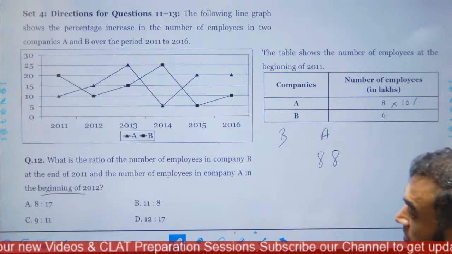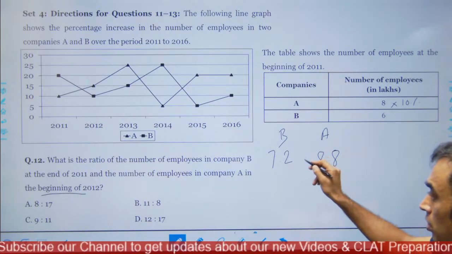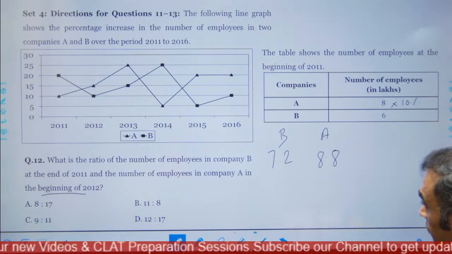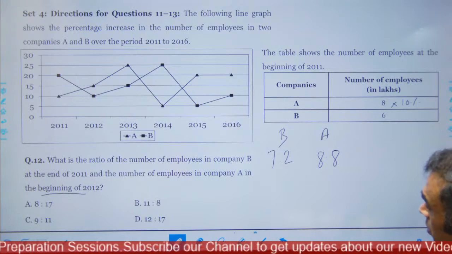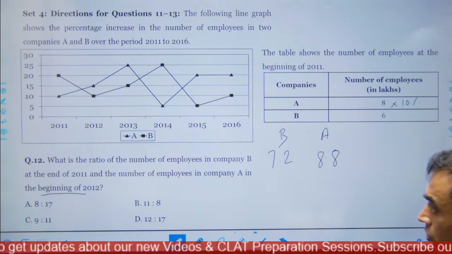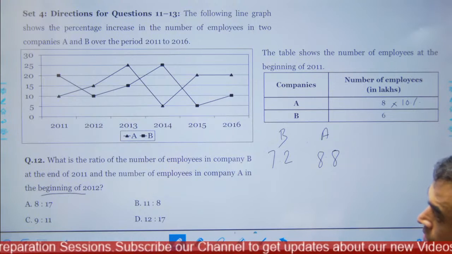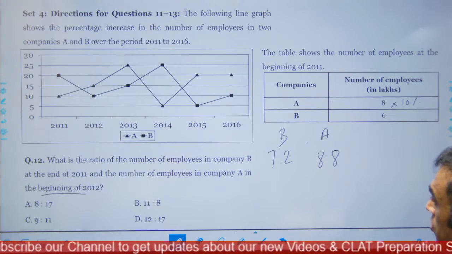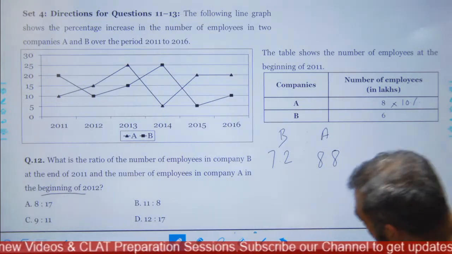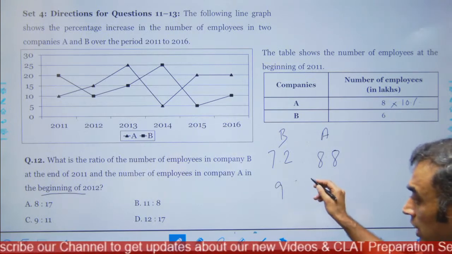B ग्रो किया 20% से, तो ये हो जाएगा 7.2. ठीक है. So this becomes 8 into 9 and 8 into 11.